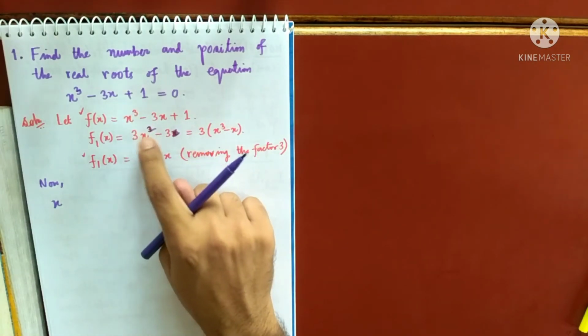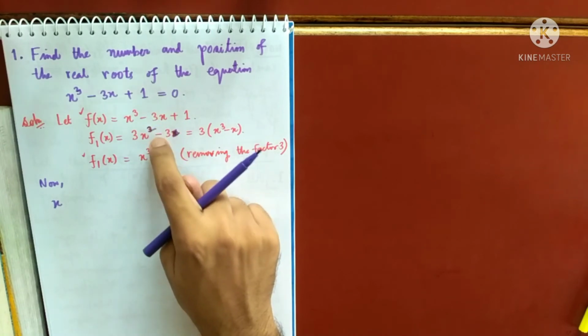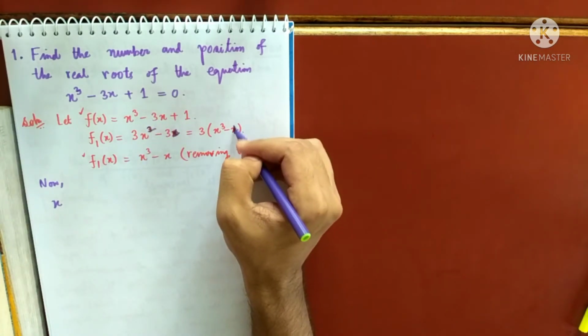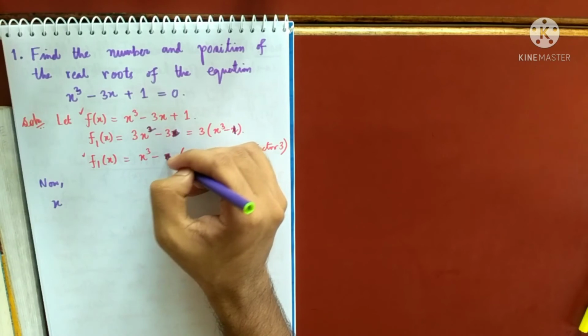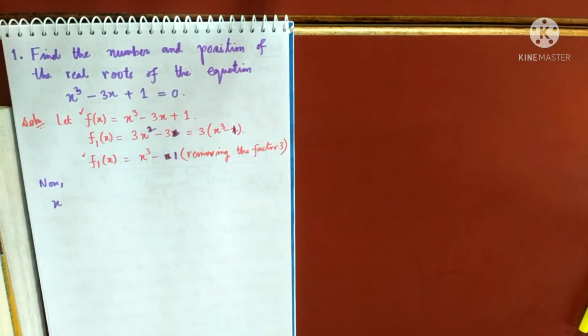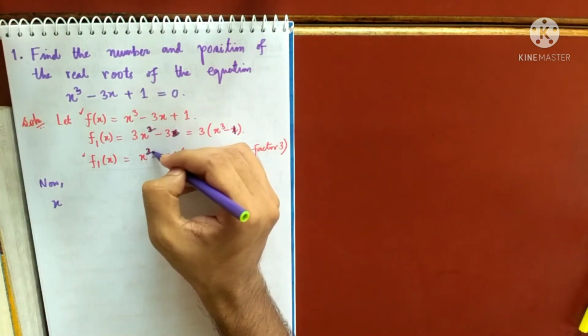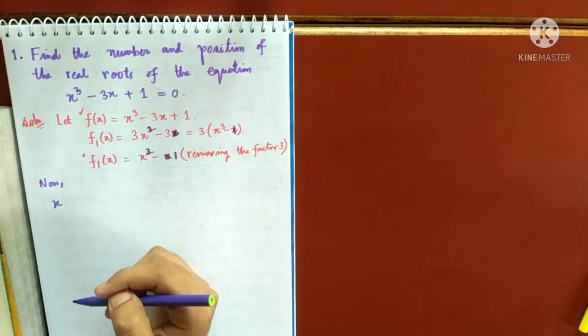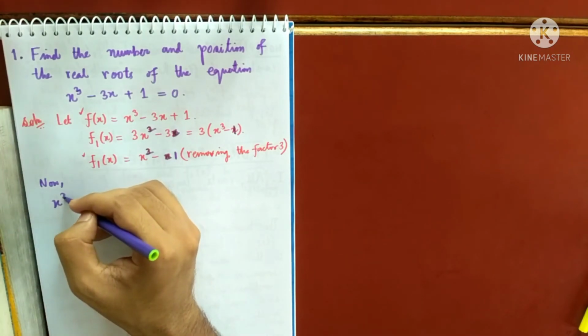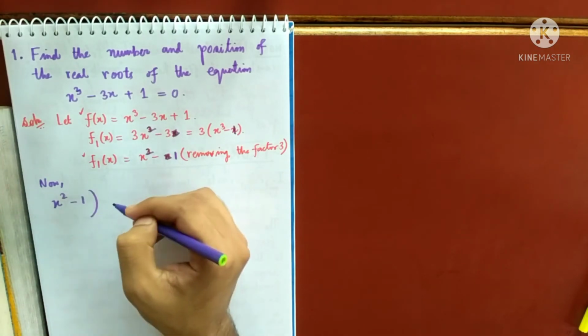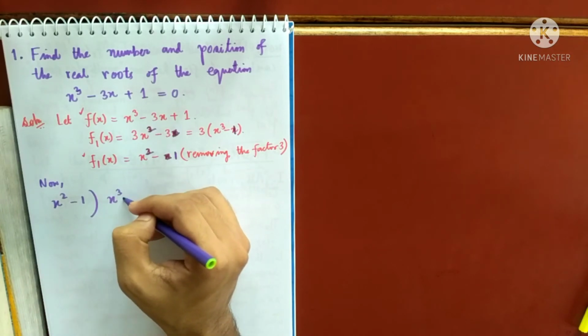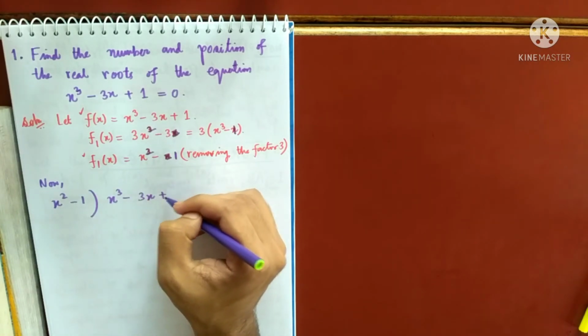The derivative of x cube is 3x square and the derivative of 3x is 3. Sorry for that. So the derivative is x square minus 1 and the polynomial is x cube minus 3x plus 1.